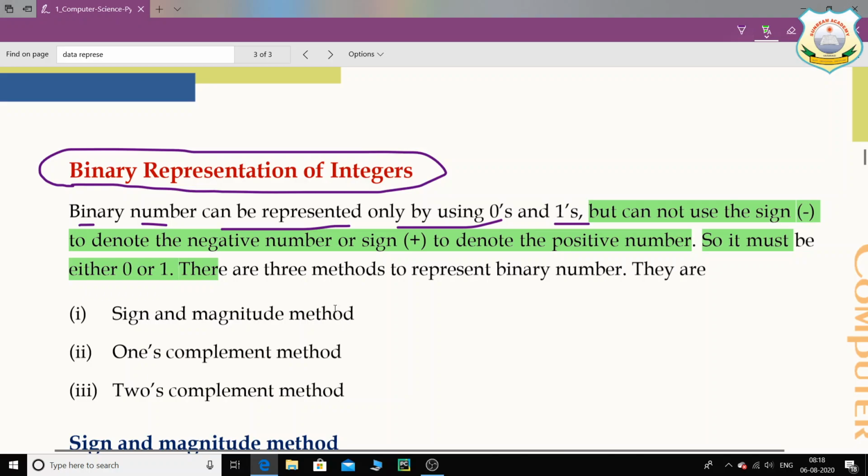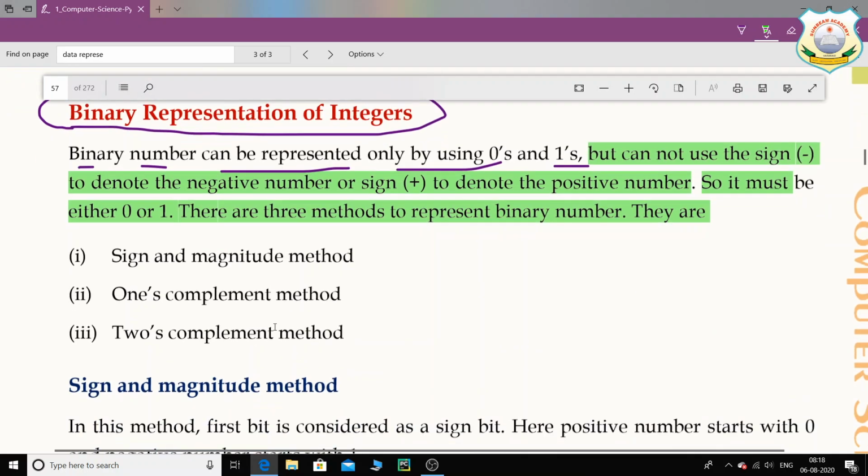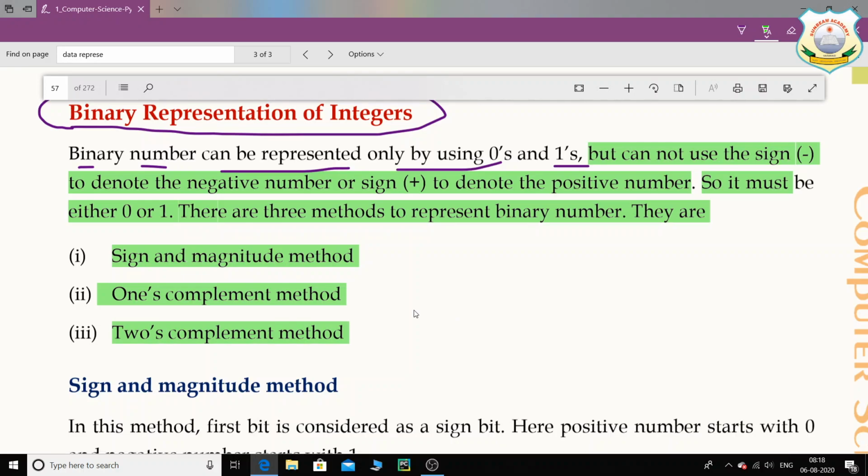Please understand this. There are three methods to represent negative binary numbers. The first technique is the sign and magnitude method, the second is ones complement, and the third is twos complement. These are the three methods used in computer science, and we are going to learn all three.